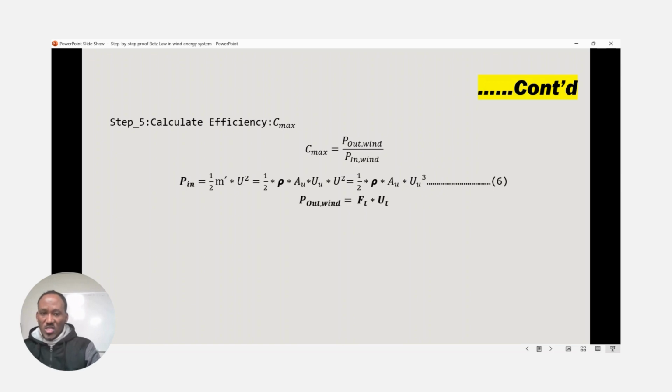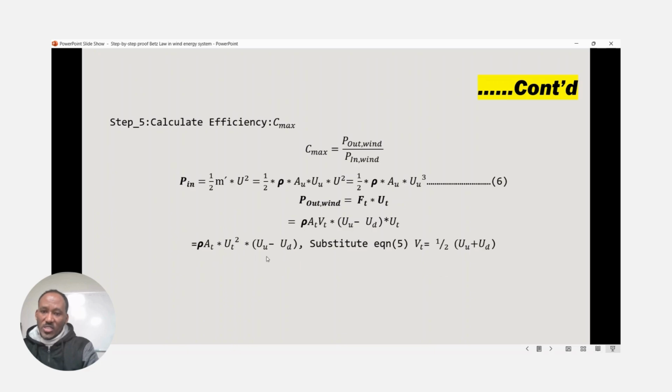For power out, the power of the turbine can be calculated as the force of the turbine times the velocity of the turbine. From equation 2, in place of the force of the turbine, this equation becomes density times area of turbine, velocity of turbine, times the open parenthesis U_U minus U_D times U_T. So U_T times U_T becomes U_T squared.